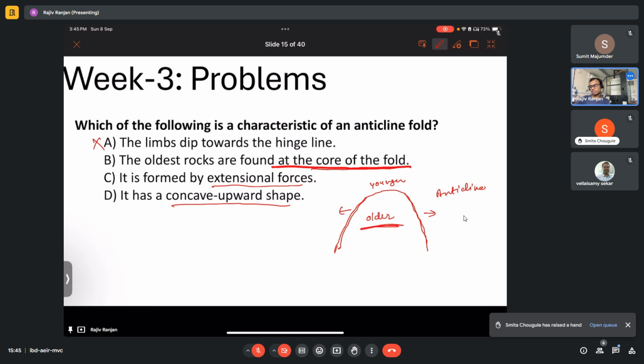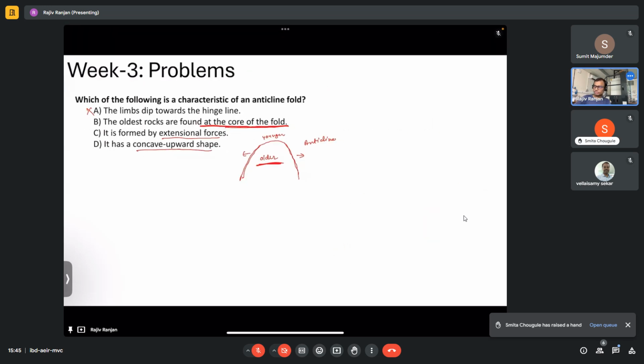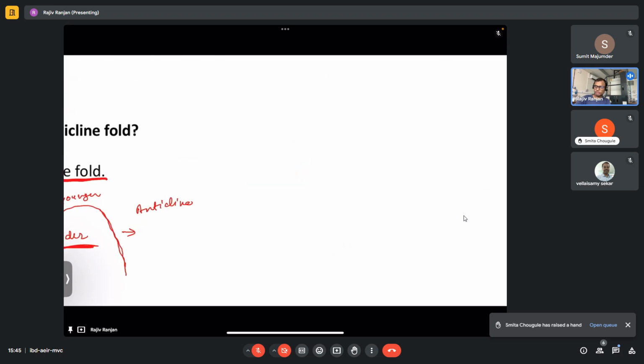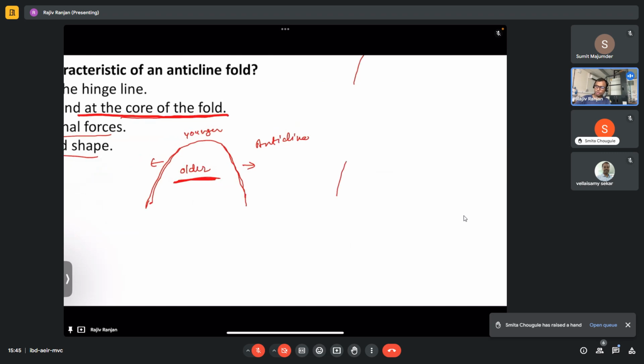See, older form is the root. So if you have gone through the slides or lectures, we know. So what will be the difference is that in syncline, anticline and syncline, right? There are two types of fold based on older or younger, whether in the core.